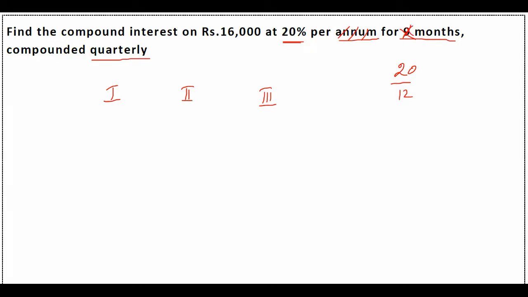Listen carefully: only for 3 months, because quarterly is 3 months. So into 3. If you cancel this, this will be 4 times, and you get 5%. For each quarter period, you have to calculate the compound interest for 5% only. So all the quarter periods carry 5% only. So clear? I shall erase the remaining things.